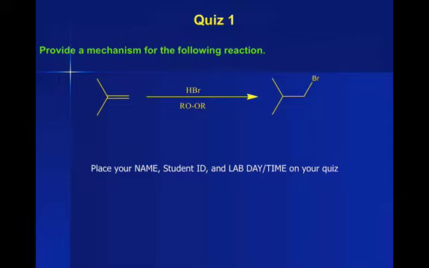Now, this radical reacts at the terminal carbon, not the internal carbon. Can anybody explain why? There is. That's a true statement, but doesn't completely explain it.